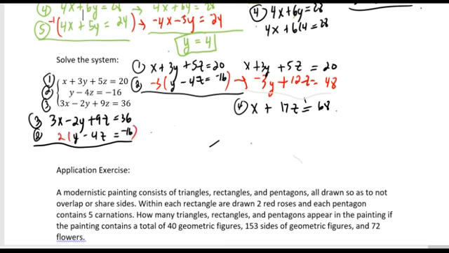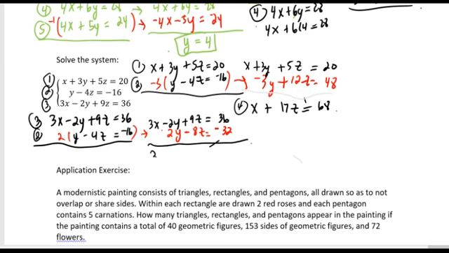So I'm going to multiply by 2. So this becomes 2y minus 8z is equal to negative 32. And the first equation was 3x minus 2y plus 9z equals 36.